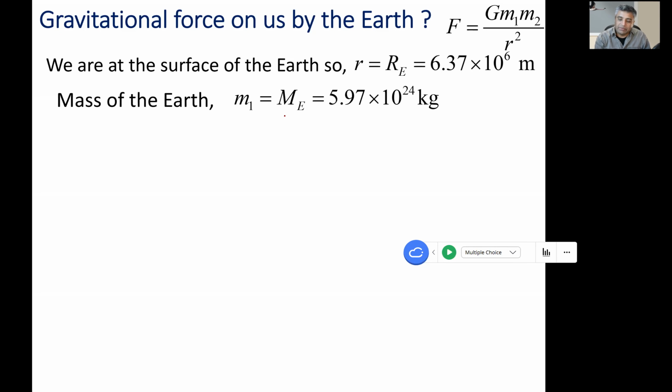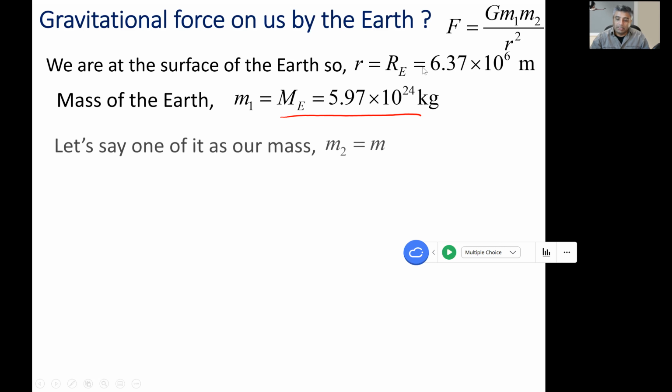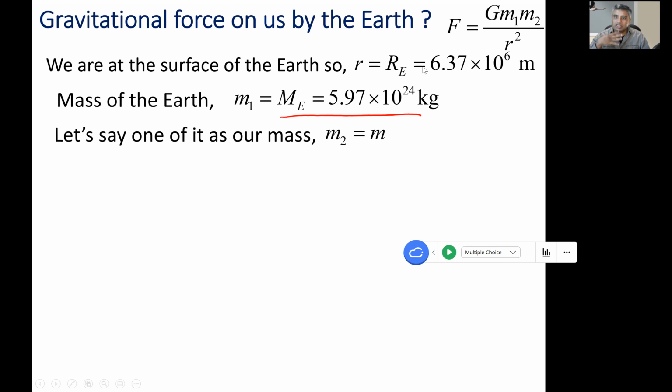One mass is going to be the mass of the earth. Another mass is going to be our mass. If you are talking about force on you, that's going to be your mass. If I'm talking about force on me, then the other mass is going to be my mass. So it could be anybody's mass or any object's mass. So let's just write m for now. But the other mass is the earth. We are talking about force between us and the earth.